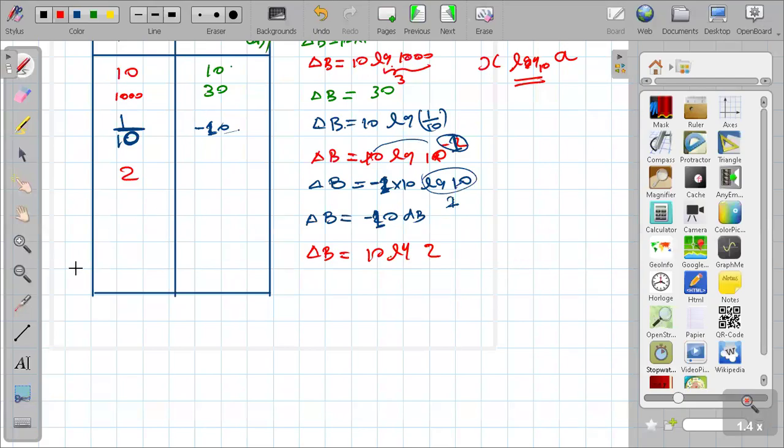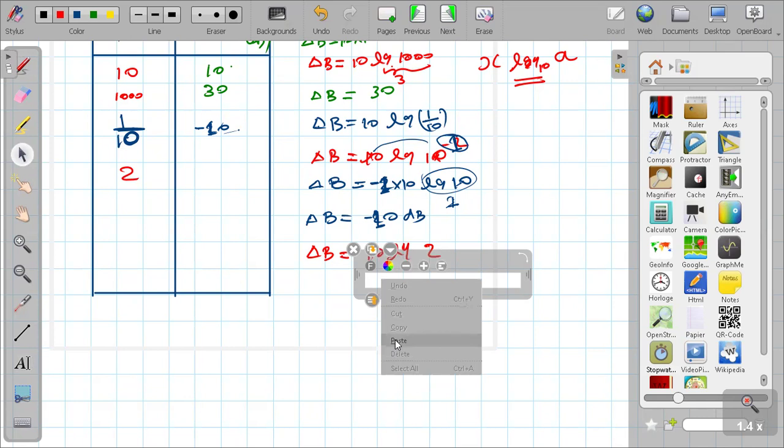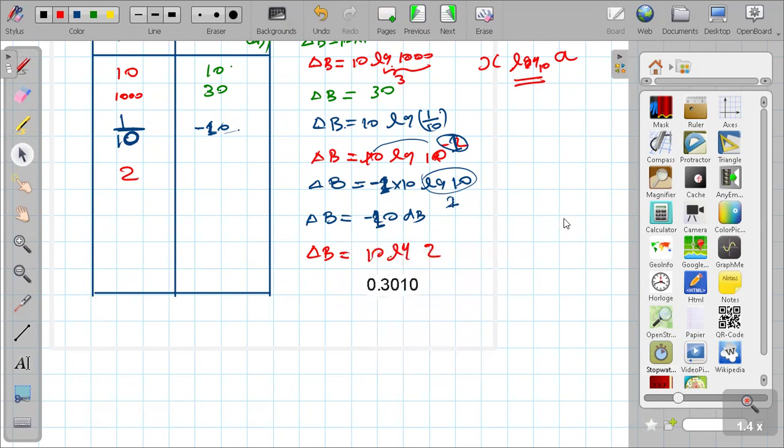I can remember this number not because of physics, but because of chemistry. How many of these students are there who do chemistry? Everyone does.